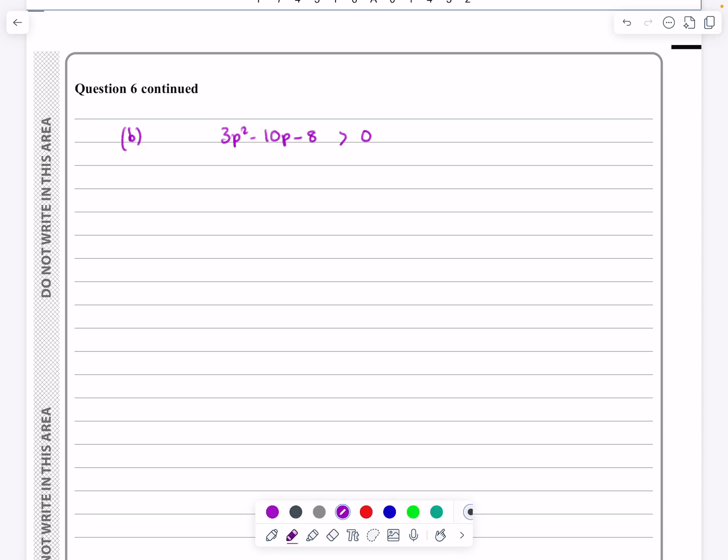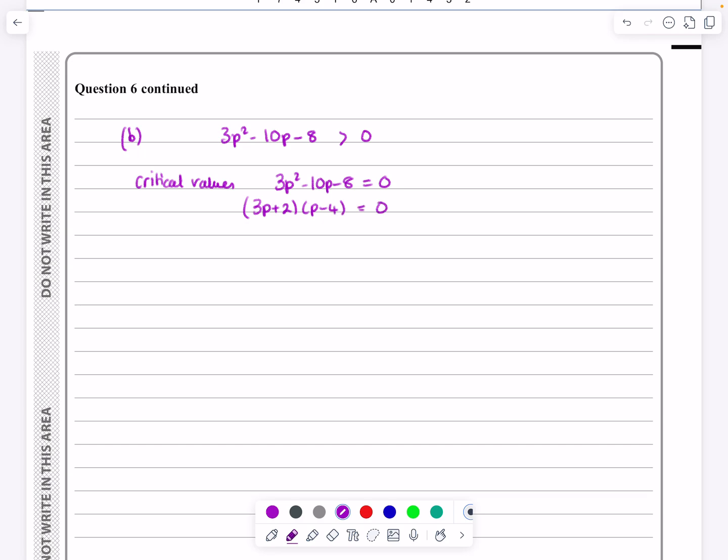So I try and use the correct wording for this. For critical values, I can change this inequality into an equation because I'm interested in where it hits the axis. So I get that to solve. Now they've set this up, so I'm almost certain this is going to factorize. I'm not going to go through the process for factorizing, which you can find on other videos on this channel, specifically designed for factorizing a quadratic.